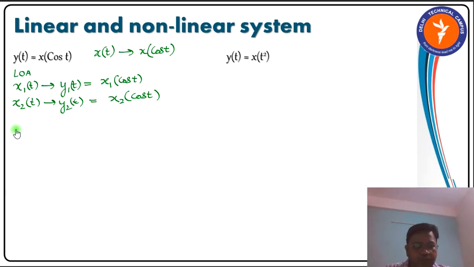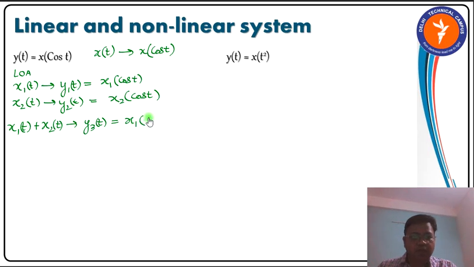Now let us excite the system with x1(t) plus x2(t), and say in the output I am getting y3(t). From this, in the output I will get x1(cos t) plus x2(cos t).